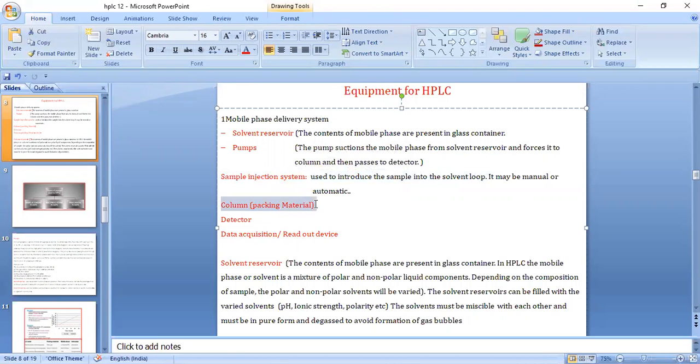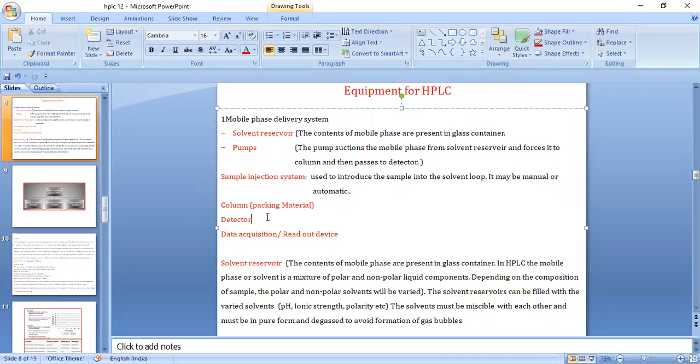Then the column and its packing material may be different, depending upon the mode of operation you are using, whether you are using normal phase chromatography, reverse phase chromatography, ion exchange chromatography, or size exclusion chromatography. So the packing material will vary depending upon the type of separation you are doing. Now the detectors may be of different types.